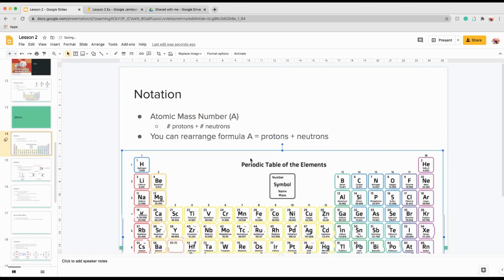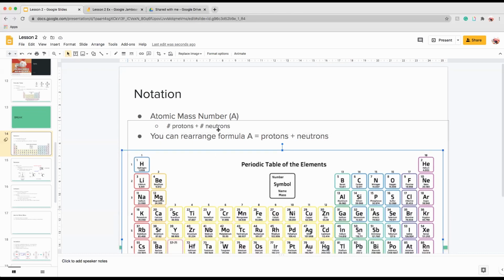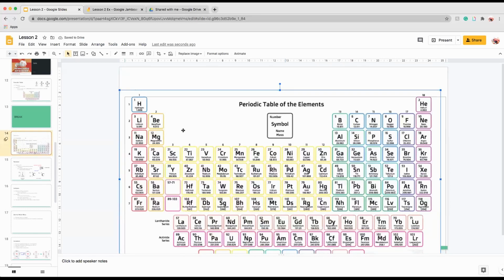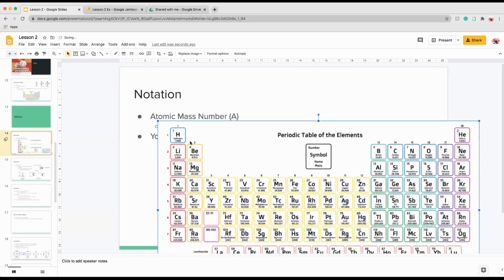So if you remember, a proton weighs 1 atomic mass unit, and a neutron also weighs 1 atomic mass unit. By combining the number of protons and neutrons in an element, you get the total mass of that element. For example, for hydrogen, it weighs 1 atomic mass unit usually, which is this number here.